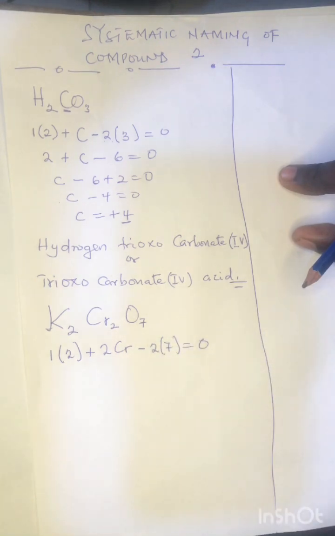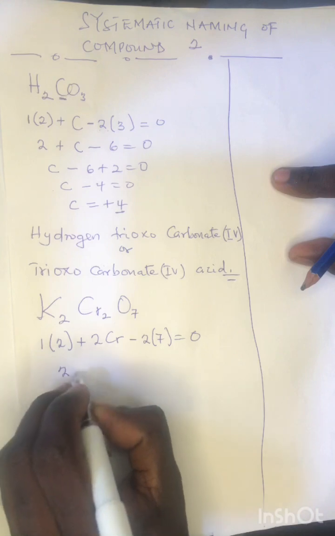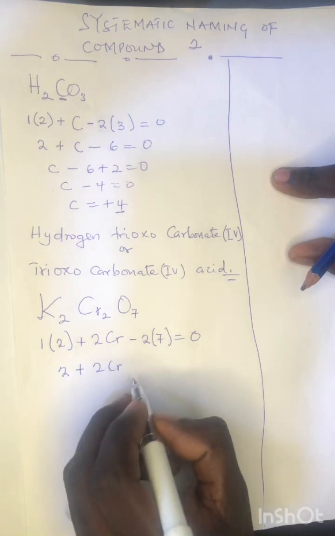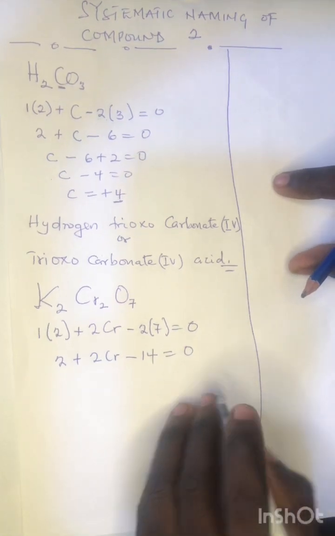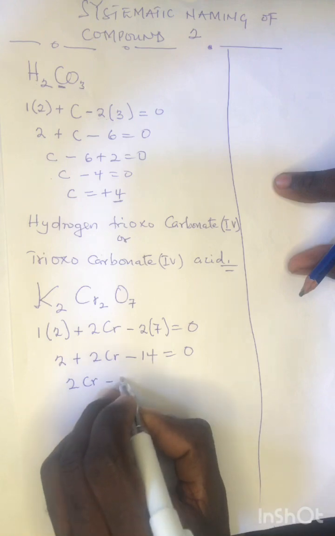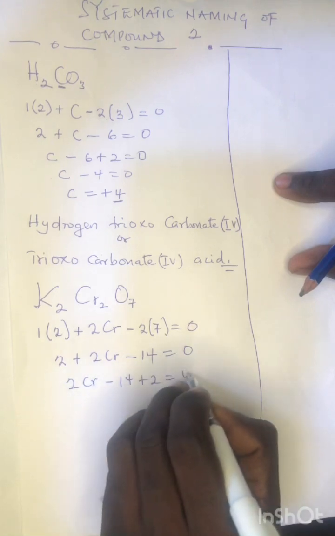The total is equal to 0. So we have 1 times 2 is 2 plus 2Cr. Then -2 times 7 will give us -14. This should give us 0. So we need to group like terms here. So 2Cr minus 14 plus 2 is equal to 0.